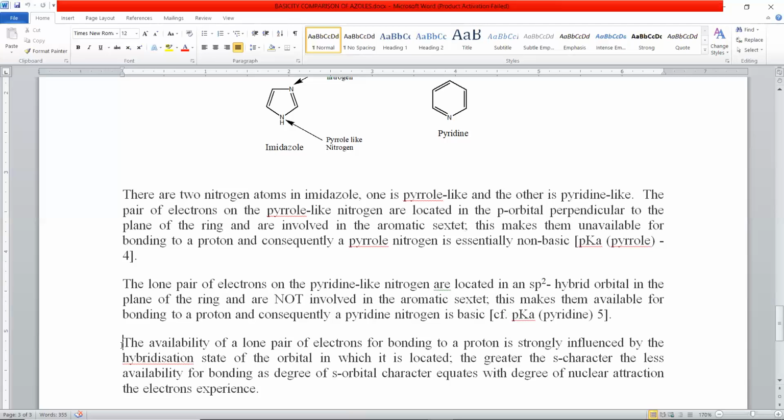The s orbital is spherical in shape. It will have greater attraction on the outermost electrons. Therefore, they are less available for bonding to a proton. So if the electrons are located in an s orbital, they are not available for bonding with a proton.